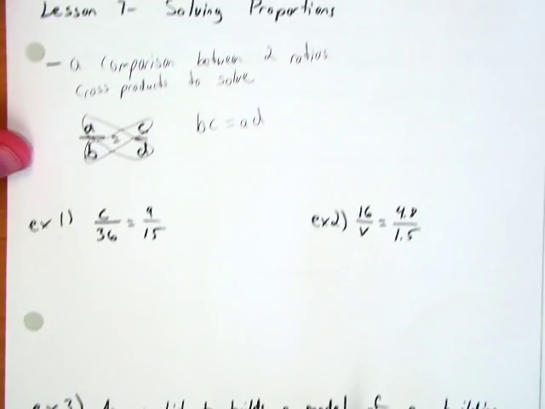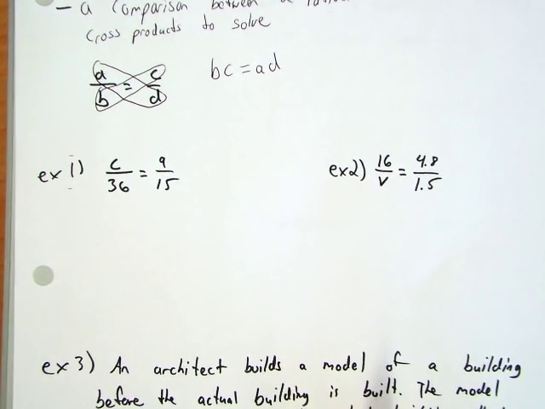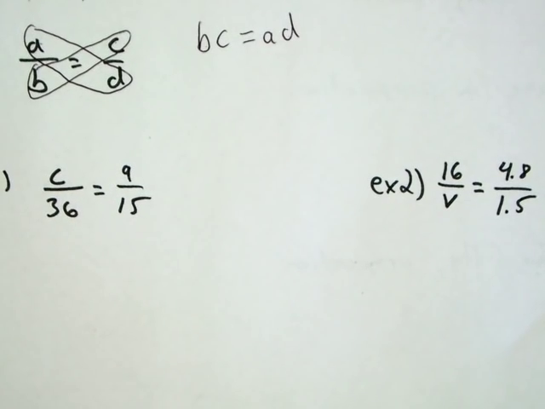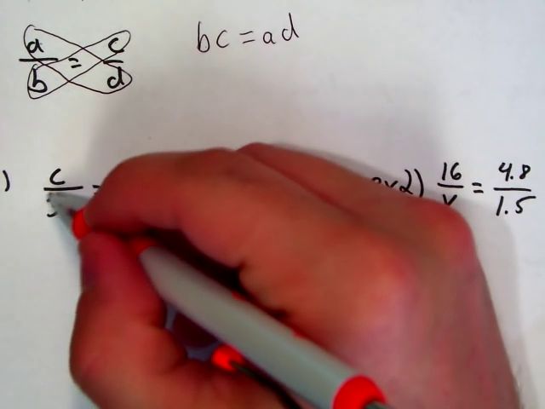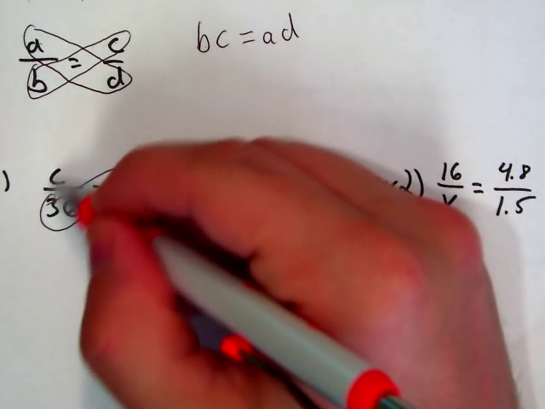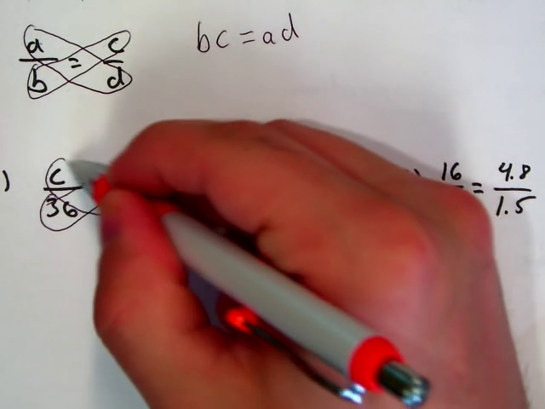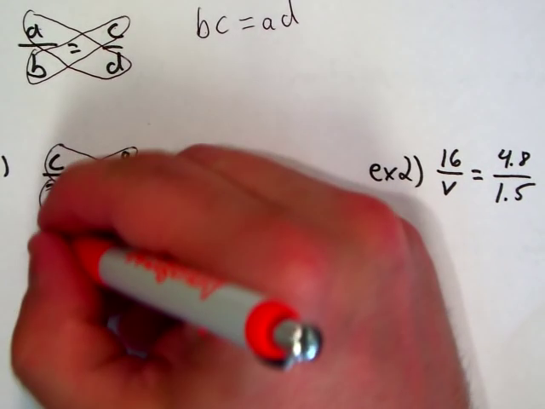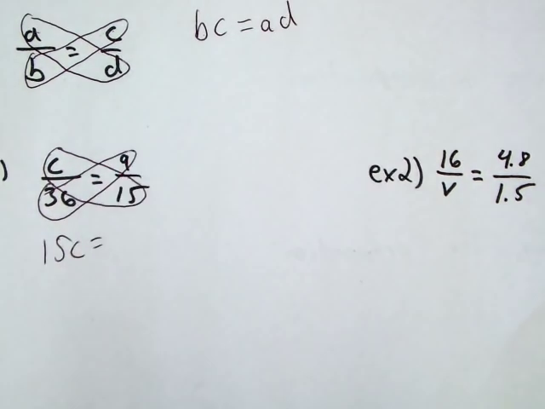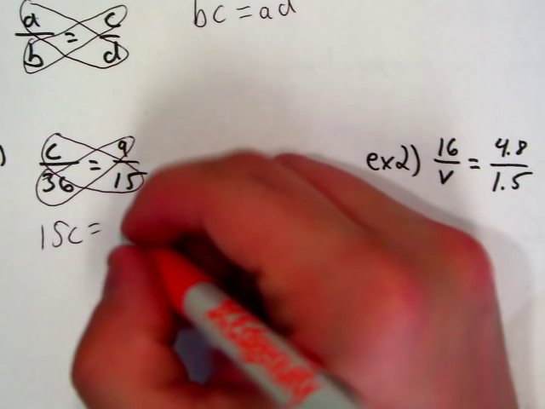So, for example, in example 1, I have C over 36 equals 9 over 15. If I do the cross products, we're going to be looking at this. So C times 15 is 15C, and 9 times 36 is going to get 324.